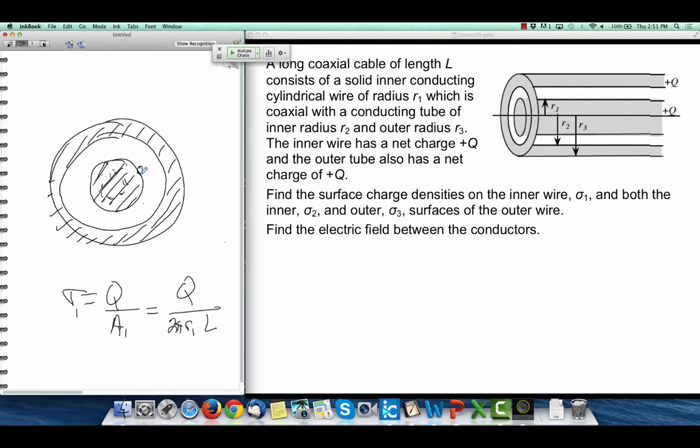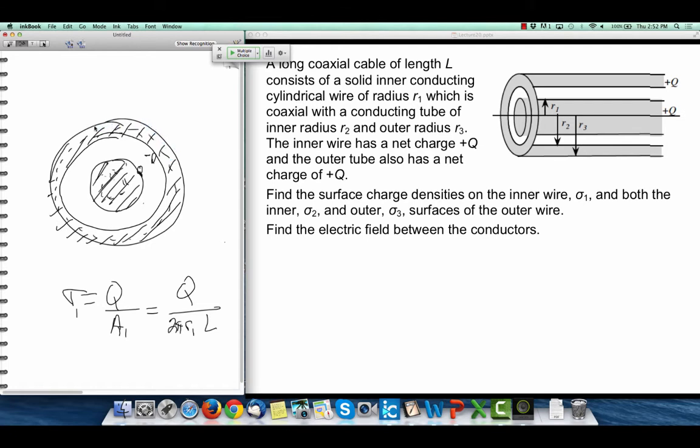What is the charge on the inner surface of that tube? Negative Q. Charge on that is negative Q. Why did it end up that way? If I ever ask you why, well, suppose you put a Gaussian surface around that inside the conductor.